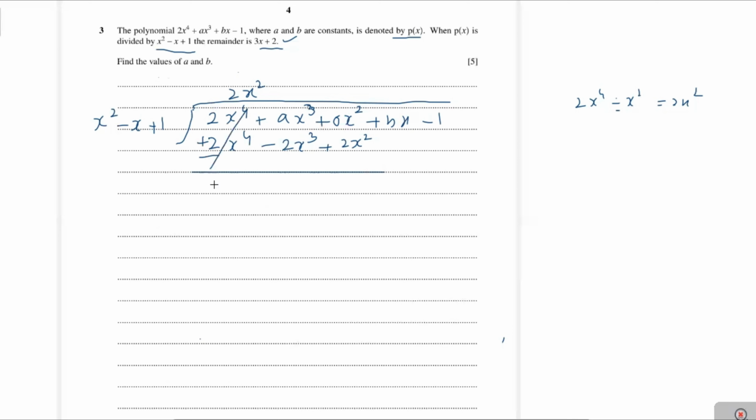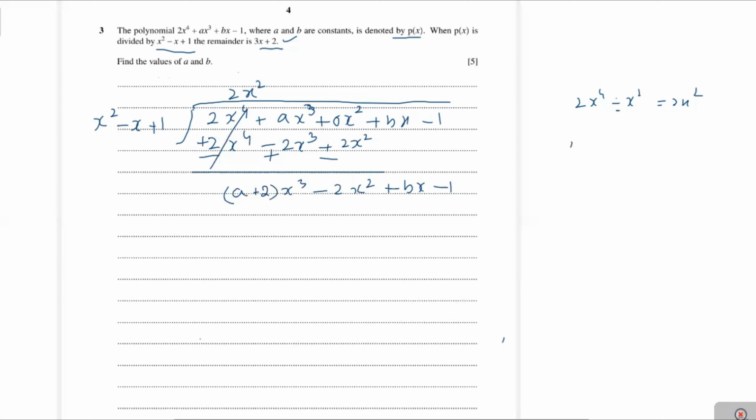You see here this value will be cancelled. The sign of the below expression will be changed, minus becomes plus, and plus becomes minus. Now you see here that value is (a plus 2) into x cubed. Next, 0 minus 2 is minus 2x squared, plus bx minus 1.